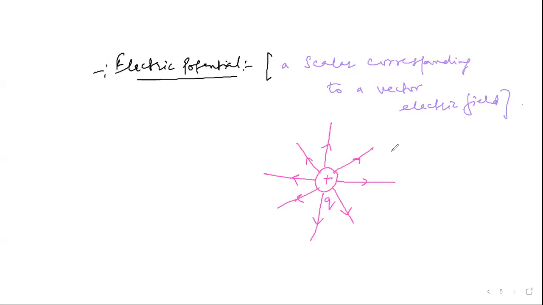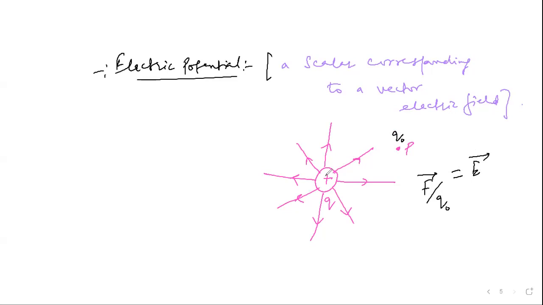And how we define the electric field: we take some point P in the neighborhood of this charge, which we call source charge, place a test charge there, Q naught, which is a small positive charge. We find force between Q and Q naught, then divide that force by test charge. That will give me the electric field E at point P, right? Surrounding any charge, there exists this vector field called electric field.